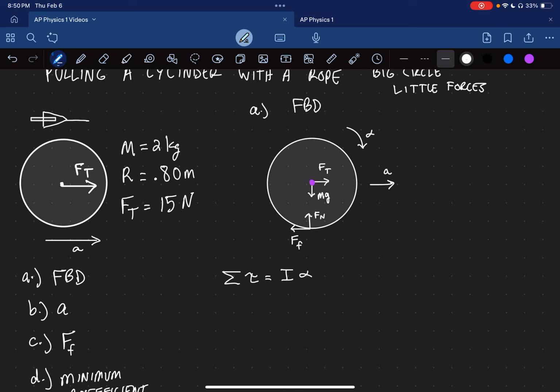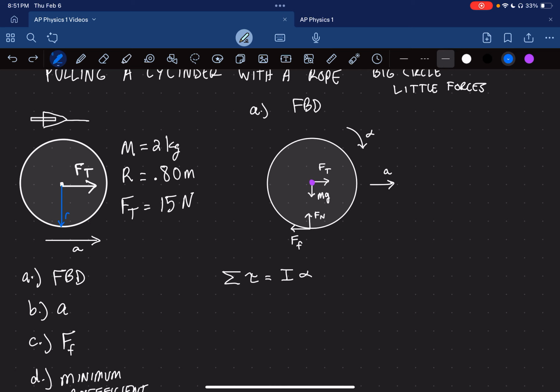Any force that is not perpendicular with r is not doing torque. So Fn, we could draw an r. Now I'm actually going to draw it over here. The distance from the axis of rotation to the normal force is right there, but Fn is perpendicular with r.